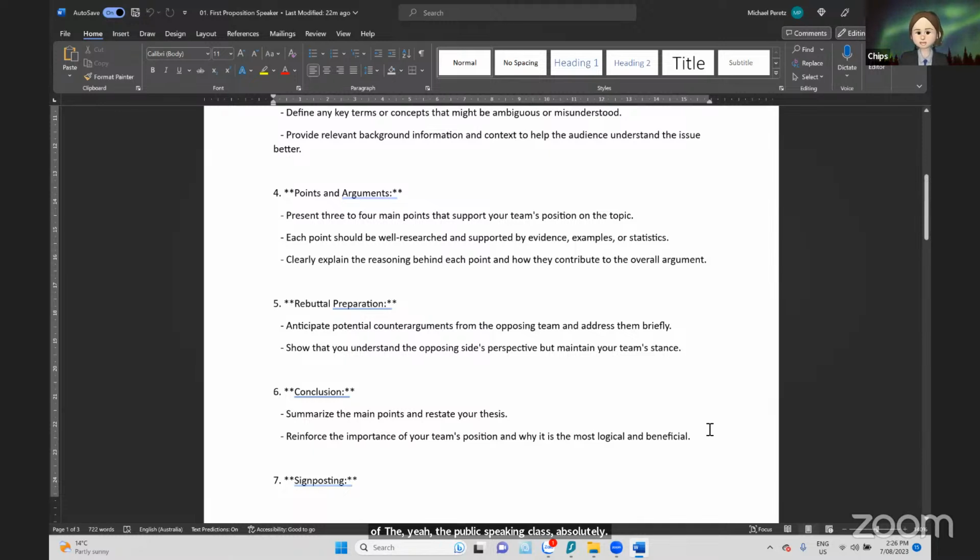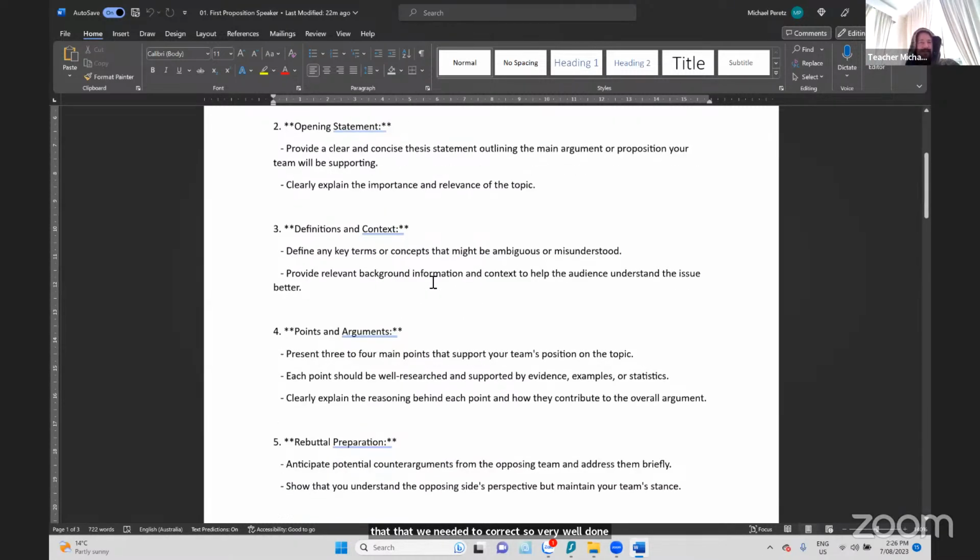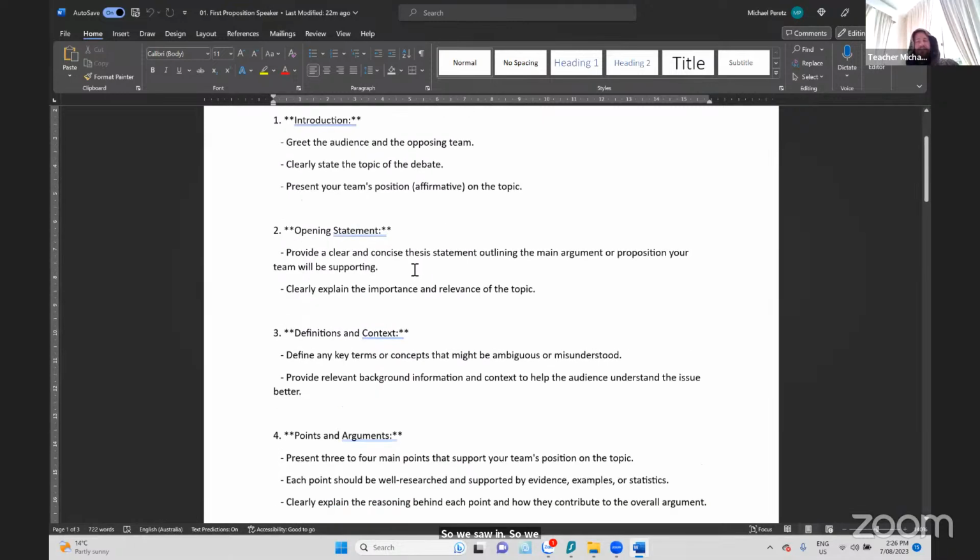Okay, so I just want to go through that speech. Very well read, Chips. You made a very, very good effort, and you read very well. There weren't many words in there that we needed to correct. Very well done. So we saw in the speech that Chips just read out, we had a quick introduction, greeting the audience and the opposing team.